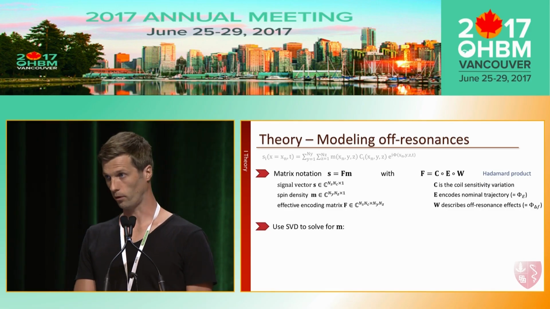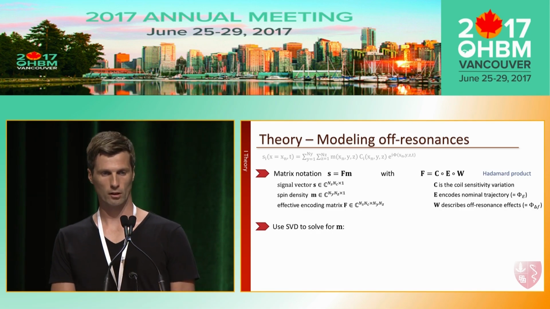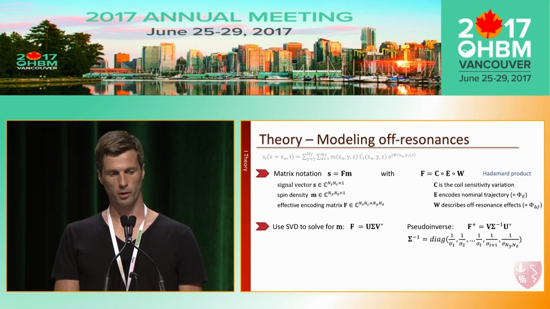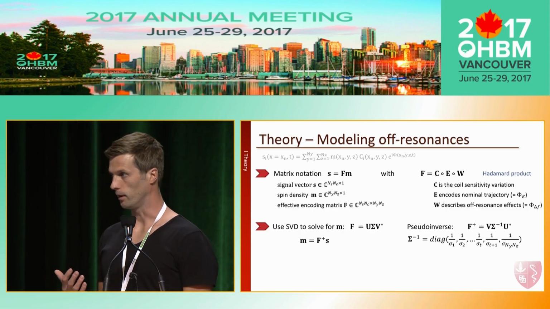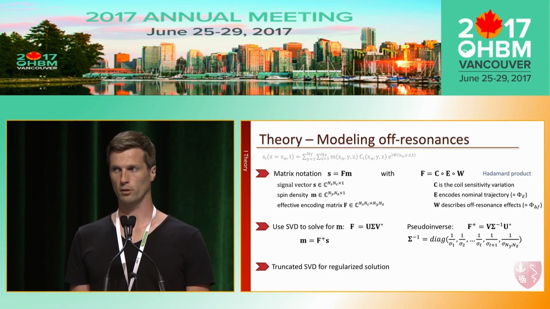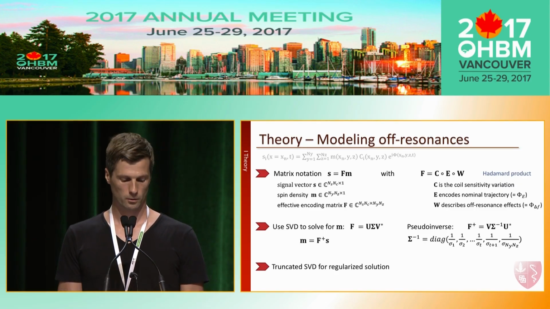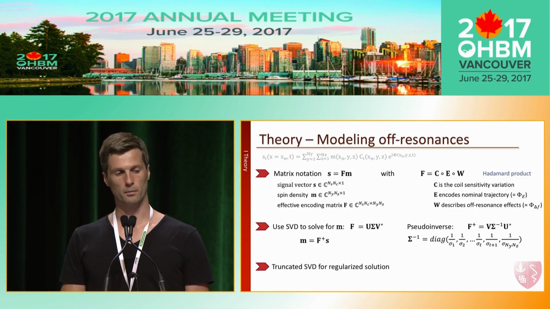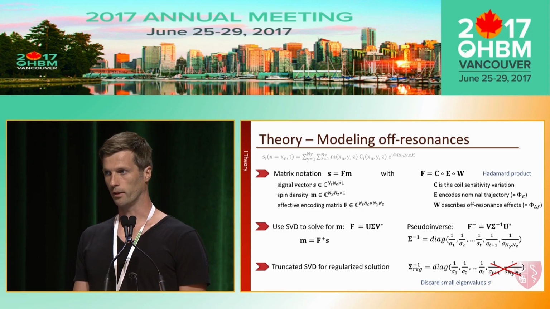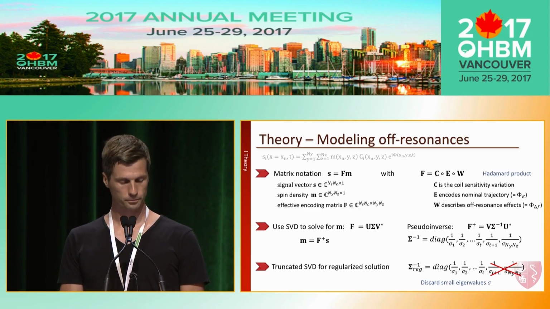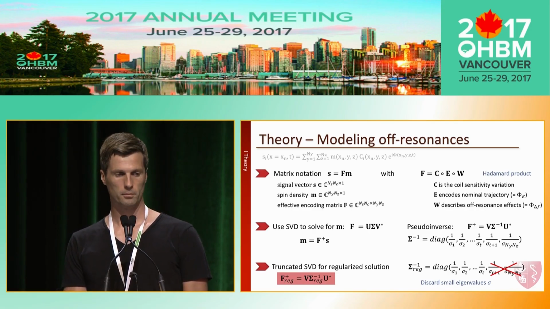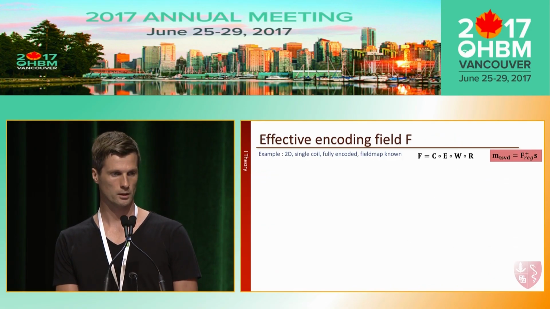So in order to solve for the unknown spin density, we use a singular value decomposition approach to calculate the pseudo-inverse F+, which we then multiply to the signal vector. We can further stabilize our solution by employing regularization, which within the SVD framework can be implemented straightforwardly by discarding eigenvalues below a certain threshold. And we then use the regularized pseudo-inverse to reconstruct our data.